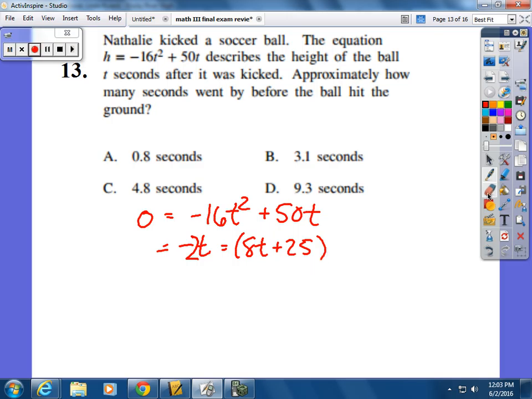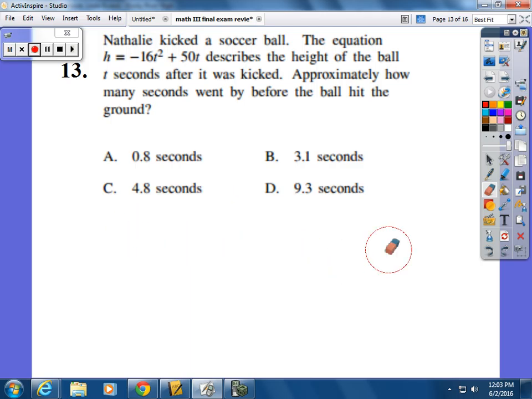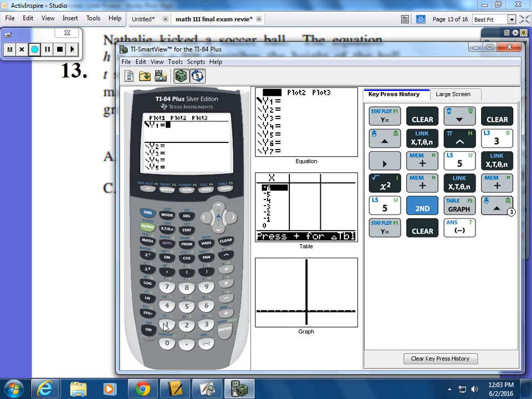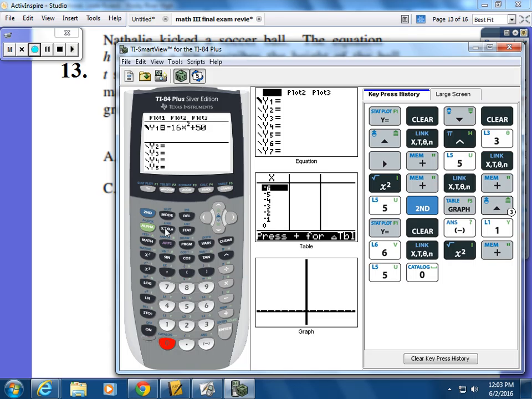Excuse me, I'm just going to go ahead and put this in the calculator. So in your y equals menu, you put negative 16t squared plus 50t.